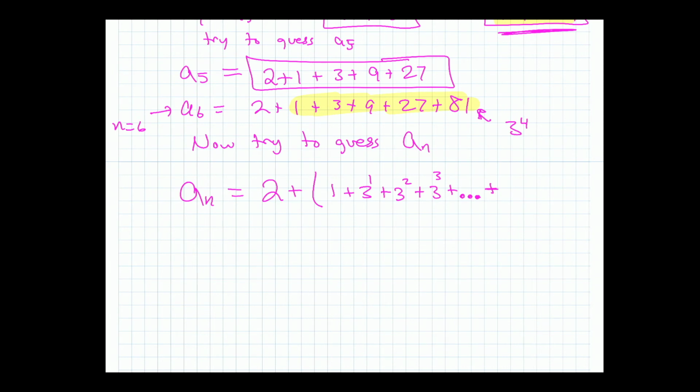And here, n was 5, and the 27 was 3 to the 3. So the number on the right is always 2 less. If we're doing An, then we would stop at 3 to the n minus 2. It's always 2 less. So that's my guess for the formula.